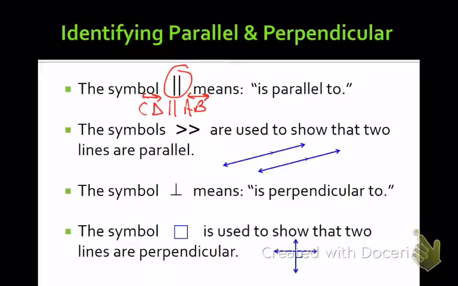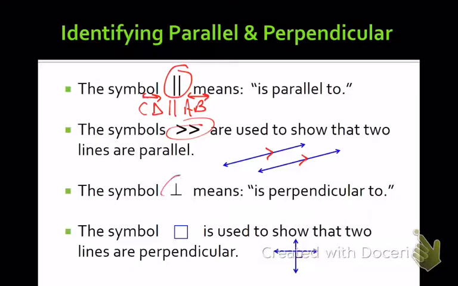In a diagram, what we have to see in order to know that two lines are parallel is a set of arrows. So on a set of lines, if they have the same number of arrows, then they're going to be parallel to each other. Now we can have multiple sets of parallel lines and therefore keep adding arrows. So any sets of lines that have the same number of arrows are meant to be parallel.